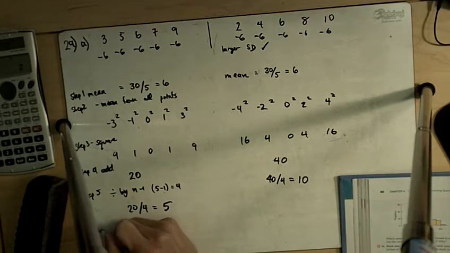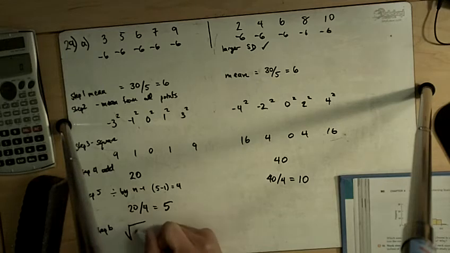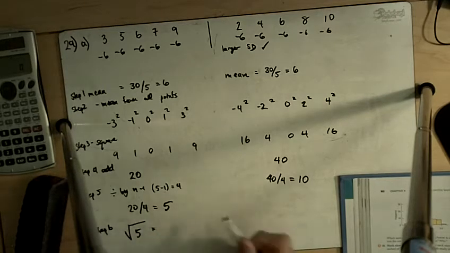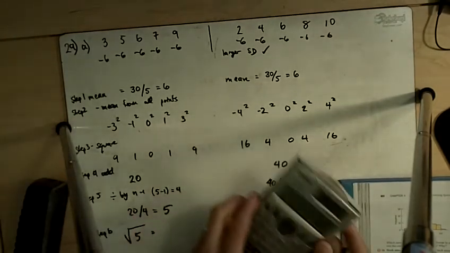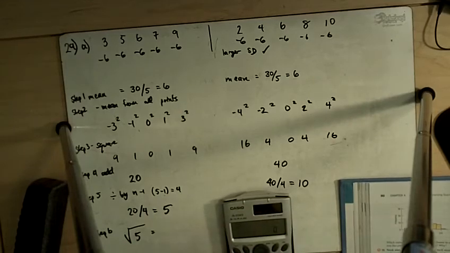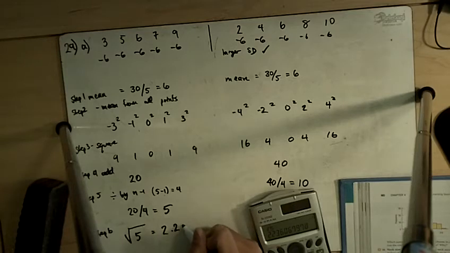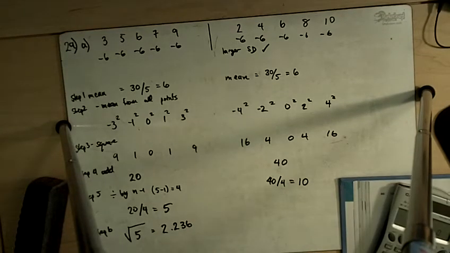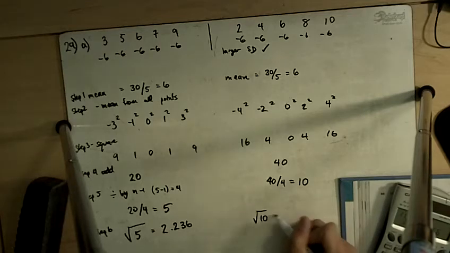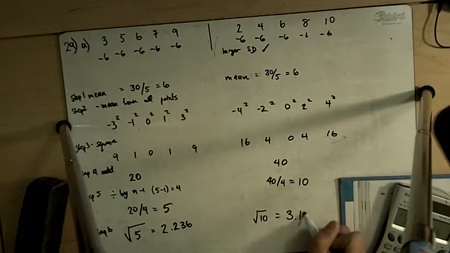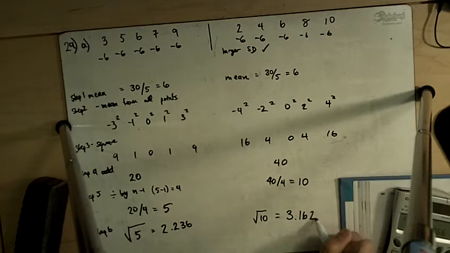And step 6, the last one, is take the square root. So the square root of 5 is equal to something. That's going to be our standard deviation over here. So we have 2.236. And over here we have the square root of 10, and that's equal to 3.162.